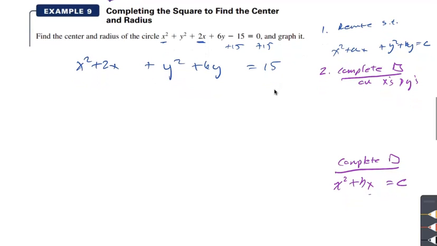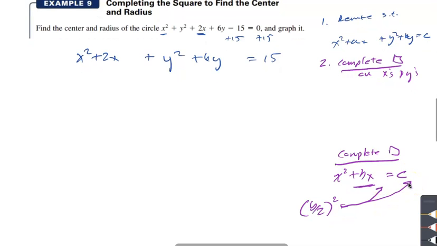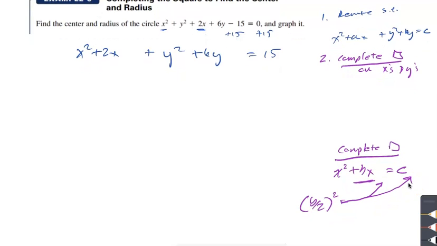And then we get the middle term, divide it by 2 and square it. And we add that to both sides. So when you complete the square, you get the x's by themselves and put the numbers on the other side. You get the middle term divided by 2 and square it, and you add that to both sides. And once you do that, the left-hand side should factor perfectly.